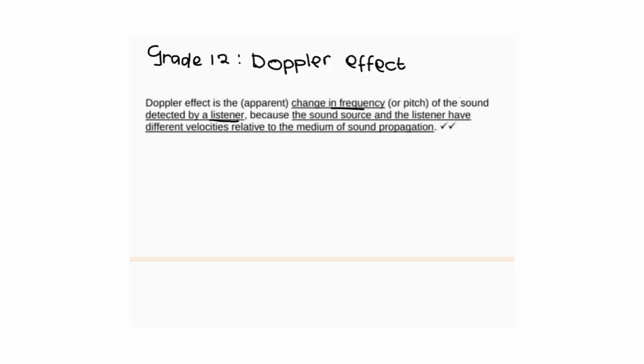You need to know it word for word, and as you can see, some words are underlined in the definition, just to show you that these are the key words that must be part of your definition, and I repeat, know it word for word. So we are saying it is the apparent change in frequency of the sound detected by a listener, because the sound source and the listener have different velocities relative to the medium of sound propagation.